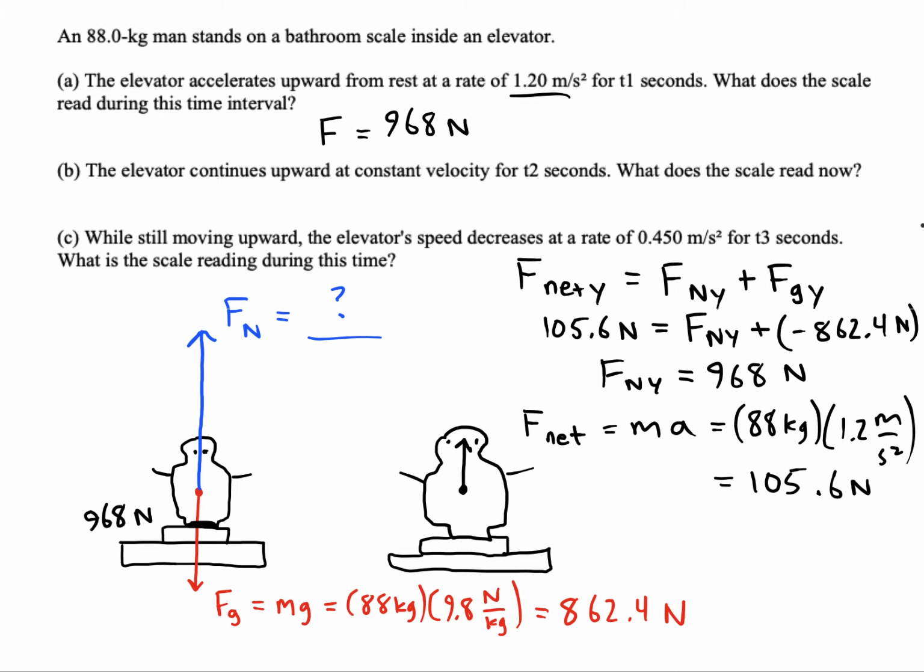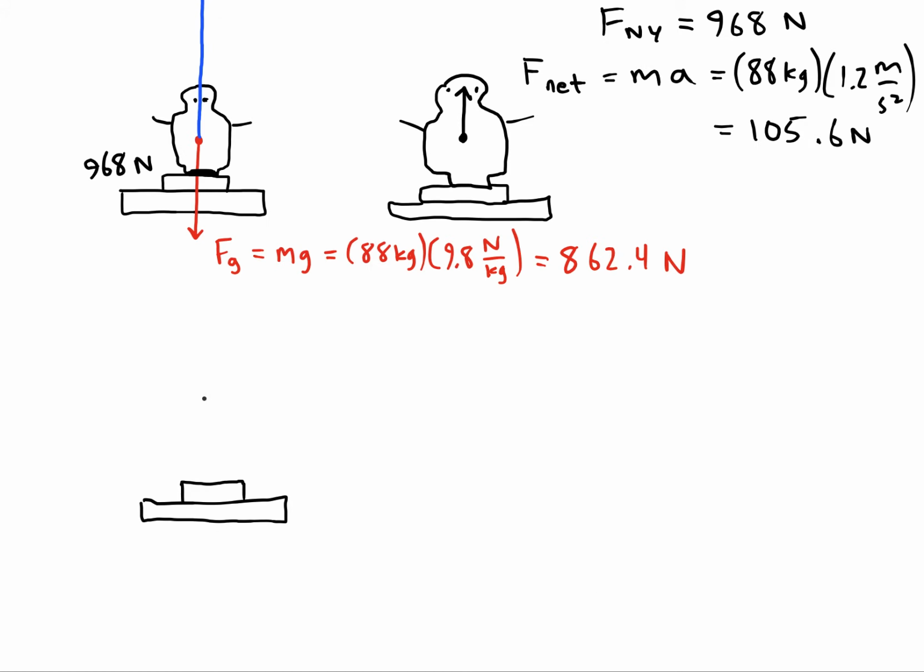All right, so for B, it says, what if the elevator continues moving upward at constant velocity for a certain time? What does the scale read then? So your person can just be on there.